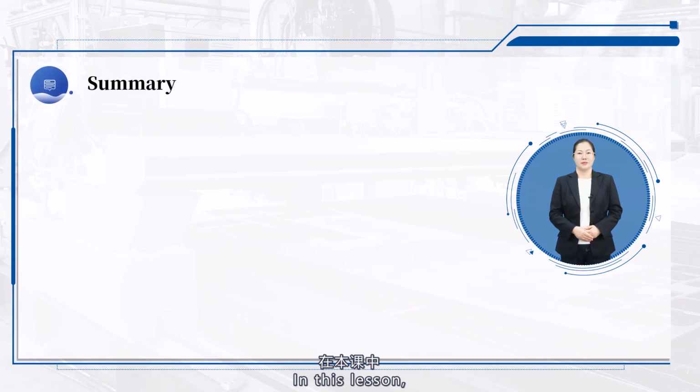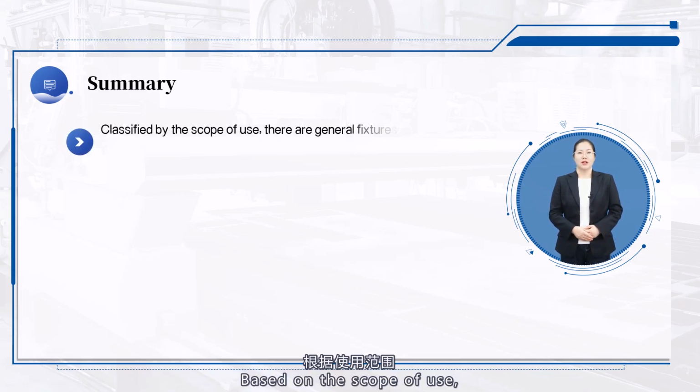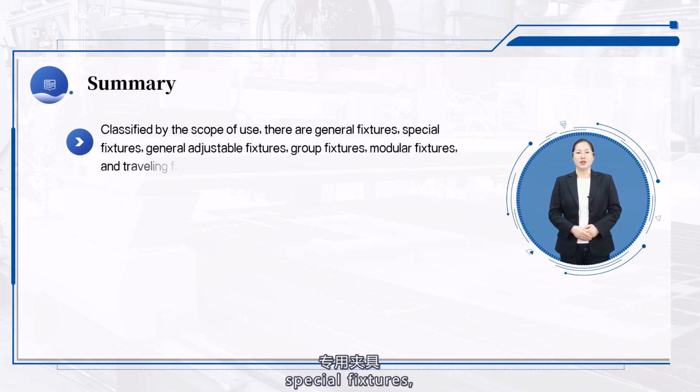In this lesson, we studied the classification methods of fixtures in detail. Based on the scope of use, fixtures can be classified into general fixtures, special fixtures, general adjustable fixtures, group fixtures, modular fixtures, and traveling fixtures.